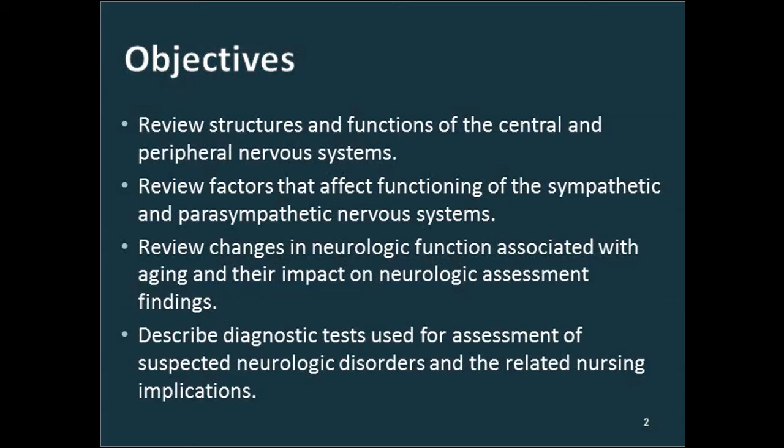Changes in neurologic function that are associated with aging and their impact on how you would change your neuro assessment, or what changes you would see, what findings you would see. Diagnostic testing that we would use for neuro disorders, and then your nursing care or nursing interventions that you might implement based on the findings of those tests.